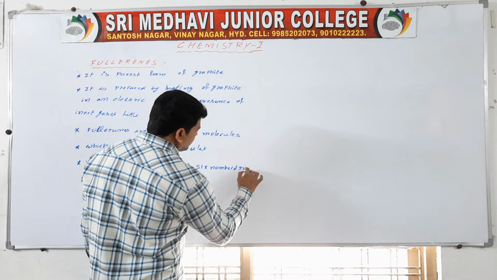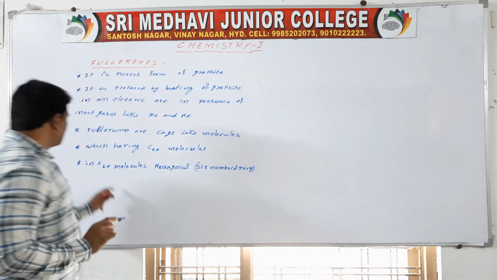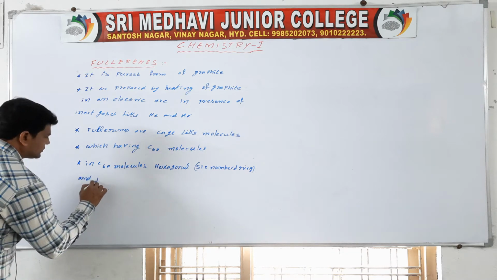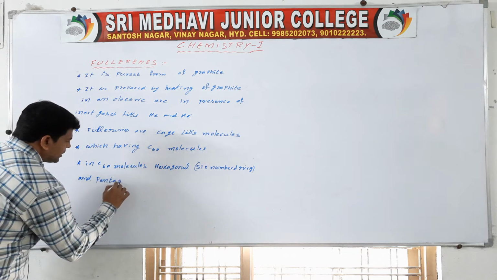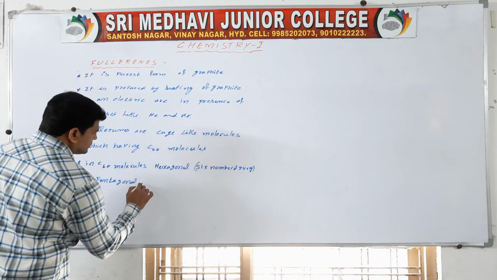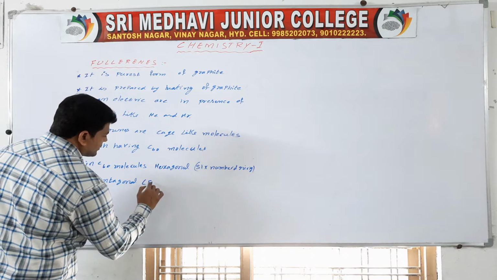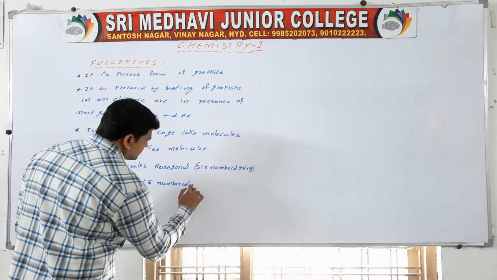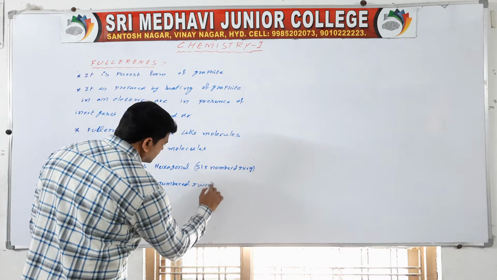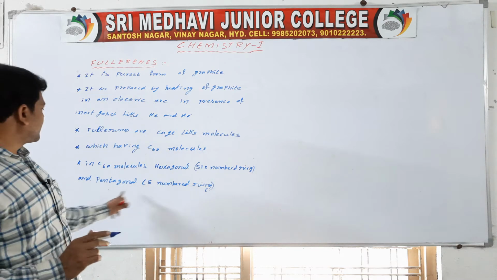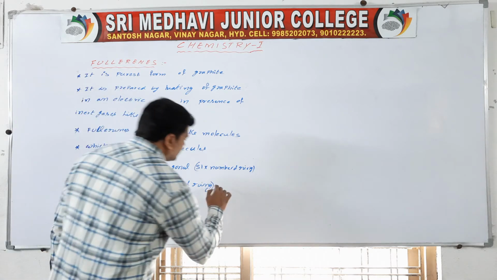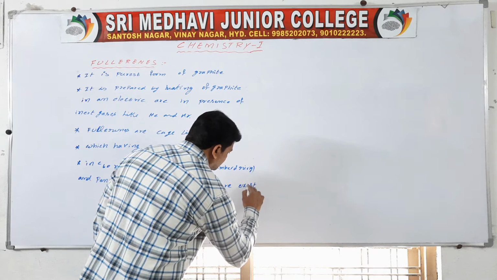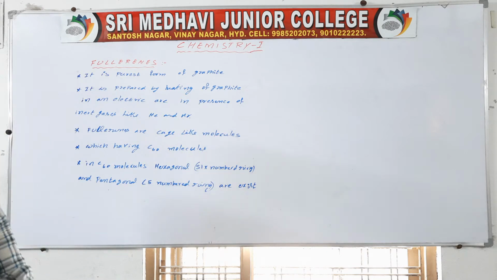Pentagonal means a 5 numbered ring. In C60 molecules, hexagonal rings and pentagonal rings exist.